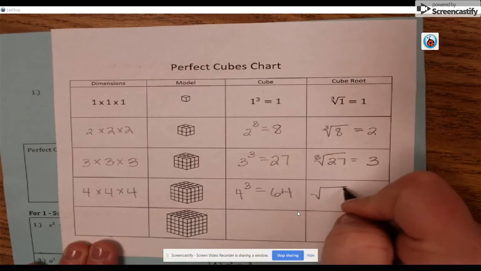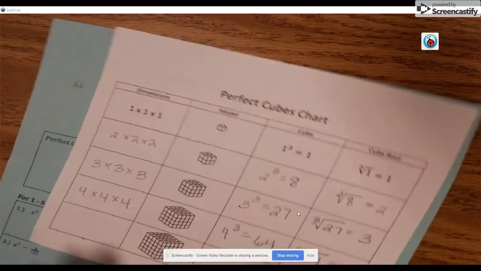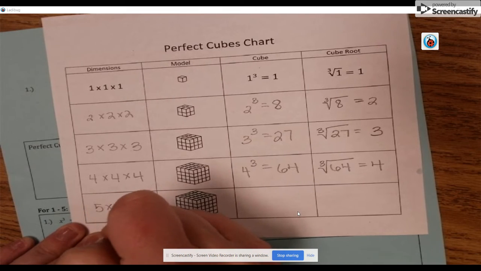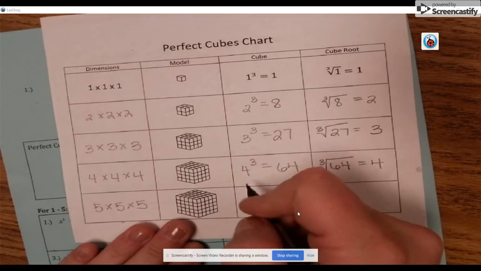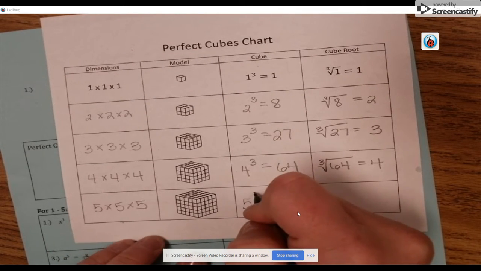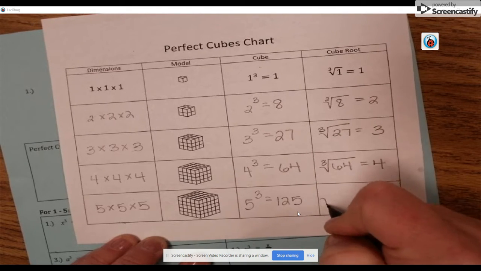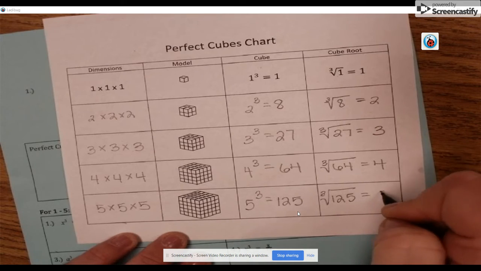Then the cube root of 64 equals 4. And then finally, 5 by 5 by 5. We already did that in our example on the first page, but we want to still have it written down. We have 5 cubed equals 125, and the cube root of 125 equals 5.